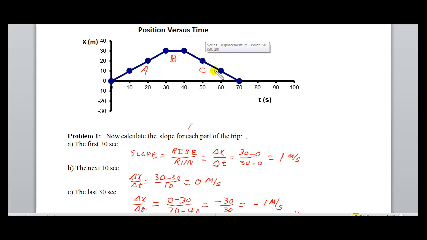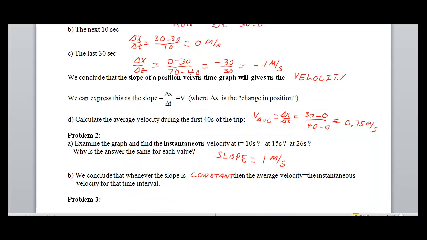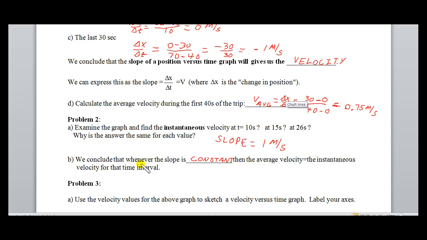Likewise, in this region right in here, the velocity at each point in time is a constant negative 1 meter per second. So we conclude, therefore, that whenever the slope is constant, then the average velocity is the same as the instantaneous velocity for that particular time interval.